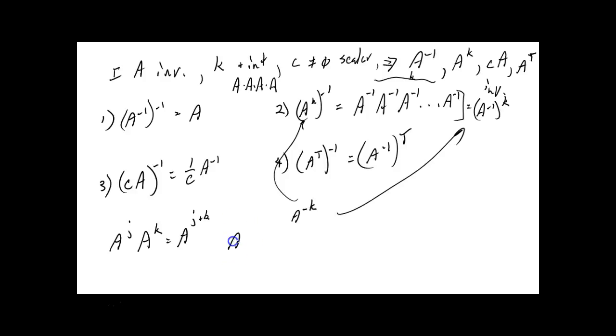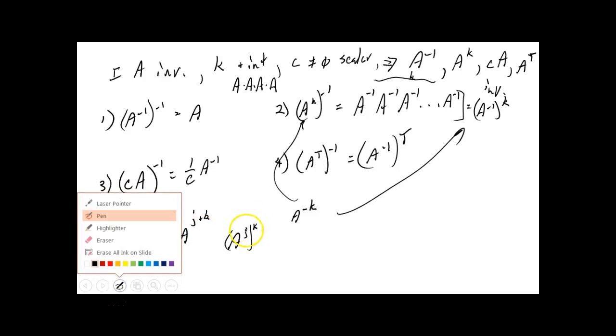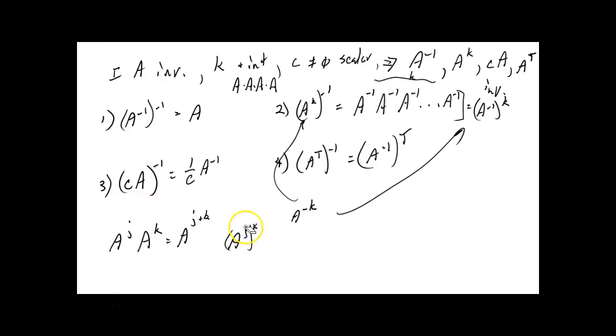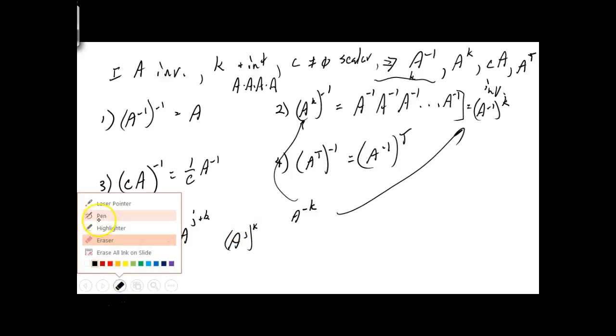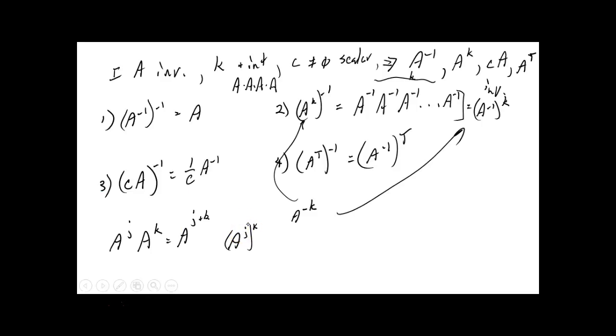And A to the J raised to the kth power, what would you expect that to be, if you extended from whole numbers, extended the same apparent value to it?